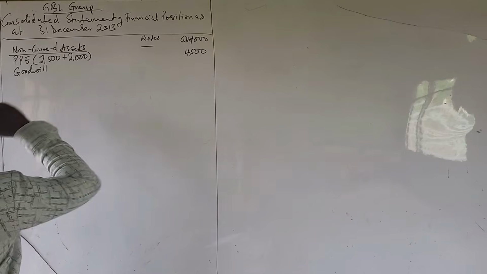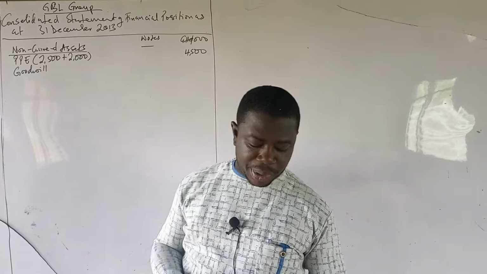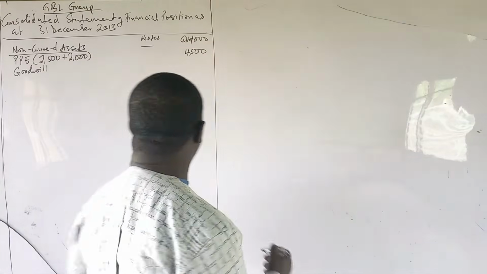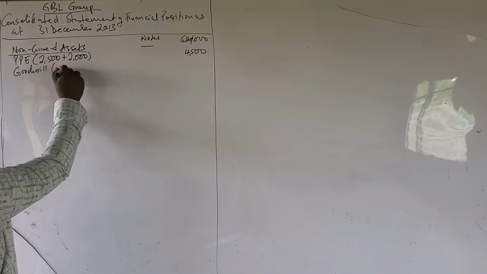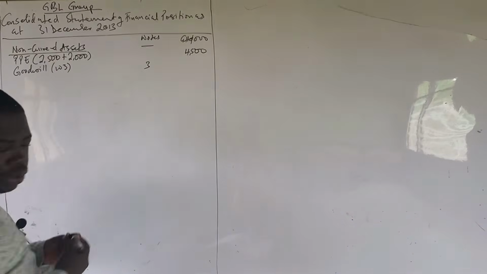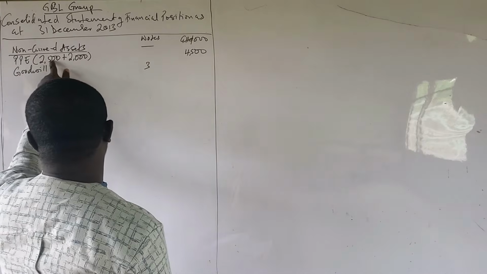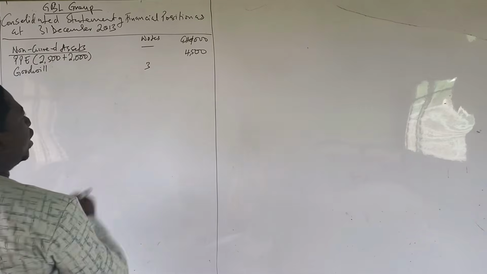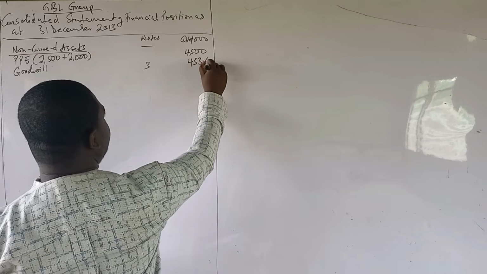The investment or the purchase consideration up down there will not come. That is the 1.5 million, we won't bring it. So the goodwill was from working 3. It's either you put here working 3 or you put under notes 3. Very, very important. I think the note is a more professional way of doing it. So note 3. And the goodwill value is 453.6.